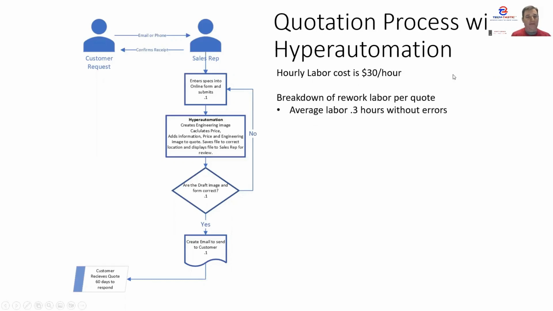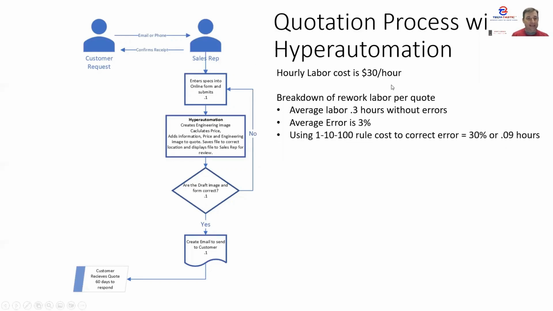The average labor without any errors, so without the sales rep having to go back and say, no, this is incorrect, is 0.3 hours. Again, we're going to say the average error rate for data entry, whenever people are pounding on keyboards and doing that office work, is anywhere from 1 to 5% errors. We're going to average it again at 3%.